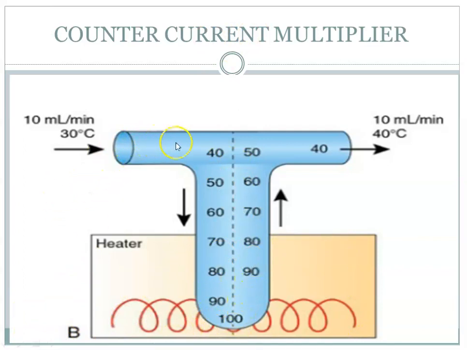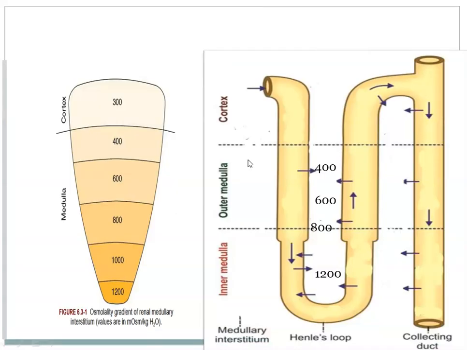Now the fluid enters the tube. See this temperature: 40, 50, 60, it keeps rising. At the base it reaches the maximum temperature, and when the fluid moves out of the tube, it keeps decreasing. This is the basis for the countercurrent multiplier. This is the osmolality gradient of the renal medullary interstitium.